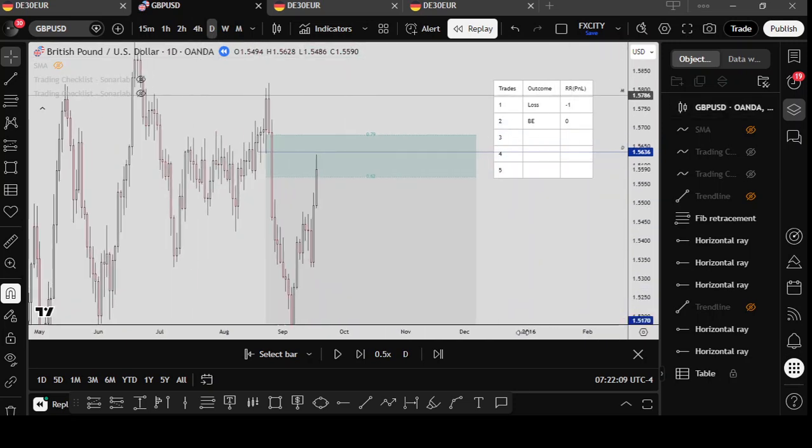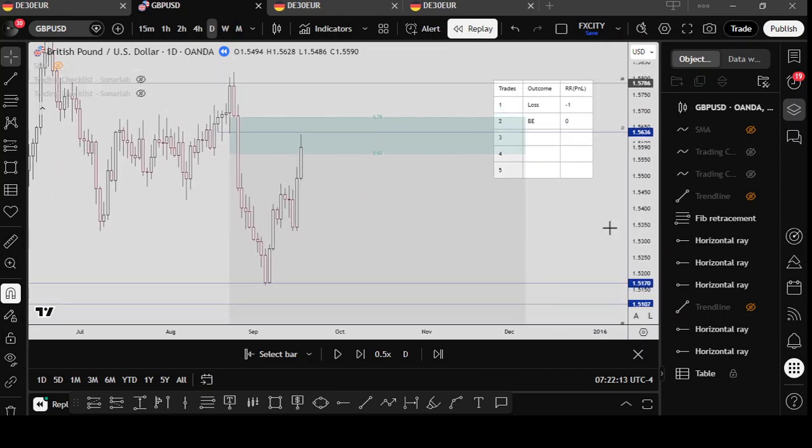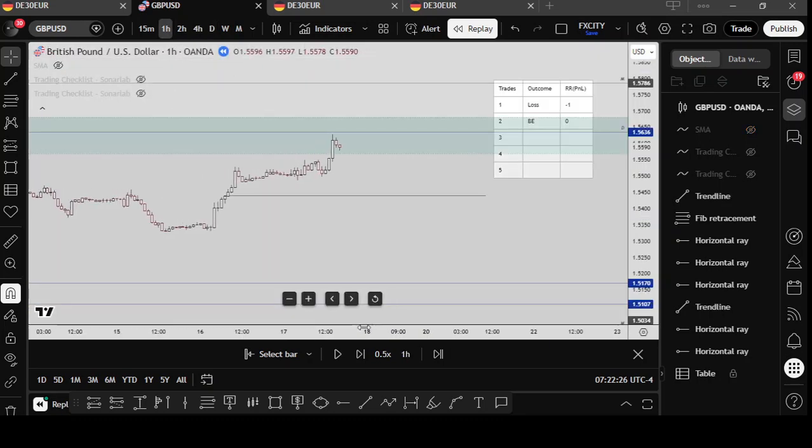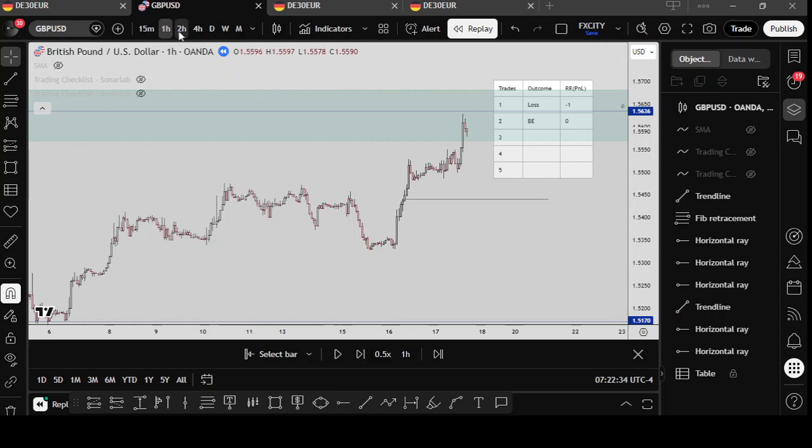I wouldn't say it's a bit frustrating, but when it comes to swing trading, and you're looking at these larger time frames like the 4 hour, it's very difficult to actually see trades very easily. But as long as you know what you are doing and what you're actually looking for, then that's when you're going to win overall, right?